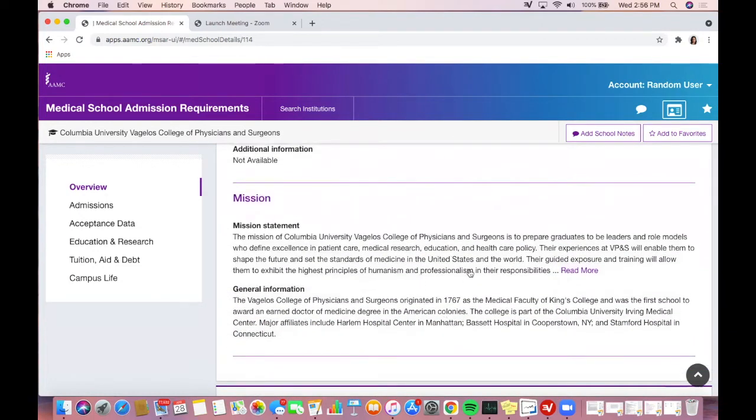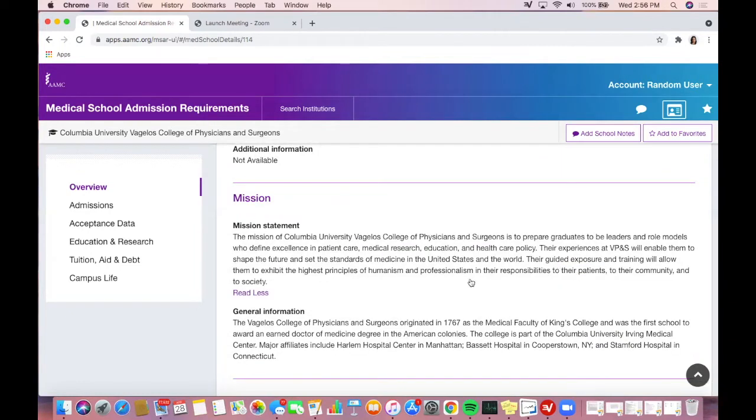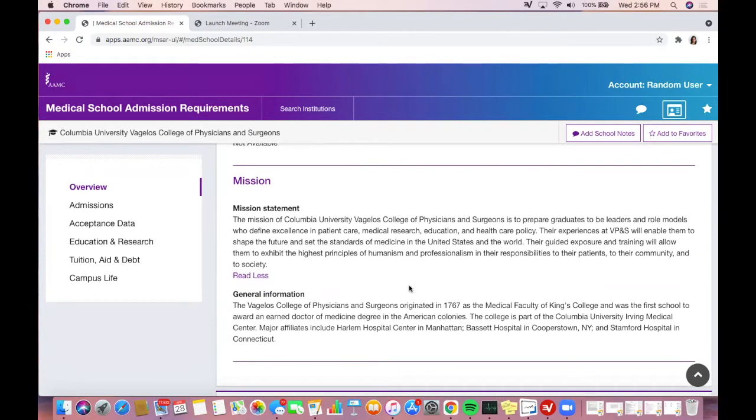And the school's mission is super important because many medical schools, especially now, are looking to fill their classes with students who have ideals and goals that are aligned with the school's mission. And usually this will come through in your secondary essays, where you will answer specific questions that are crafted by each medical school.